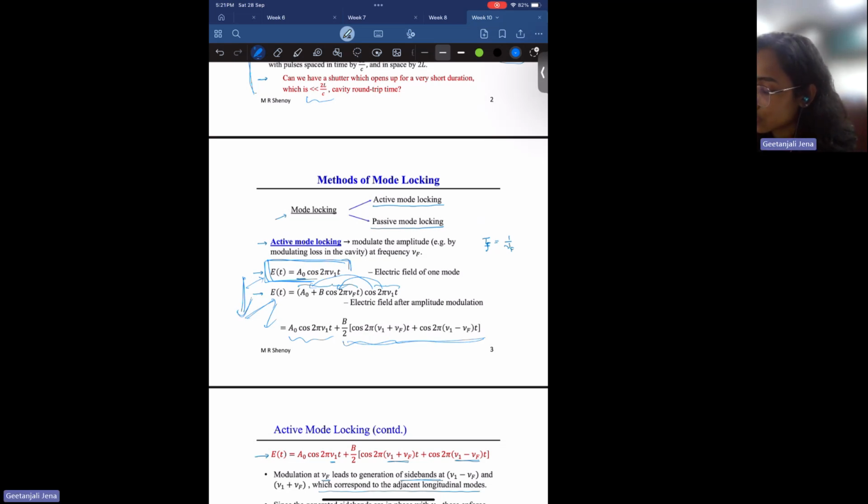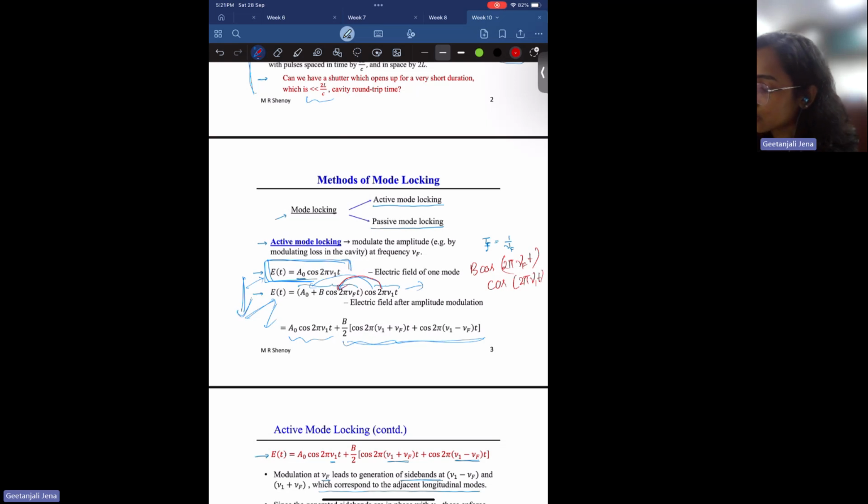So this you can get from here. If you see the second term, that is the multiplication of this with the second term, we can get B cos 2 pi nu f t multiplied by cos 2 pi nu 1 t.